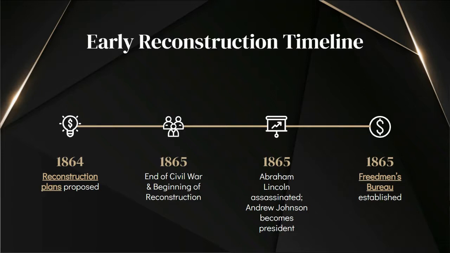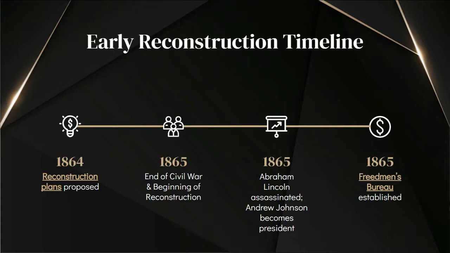1865, Civil War ends, and then shortly afterward, Abraham Lincoln is assassinated. And one of the key aspects of this is Abraham Lincoln has a Reconstruction plan. It is rather lenient, but his goal of bringing the Union back together is part of the reason why it is rather lenient.